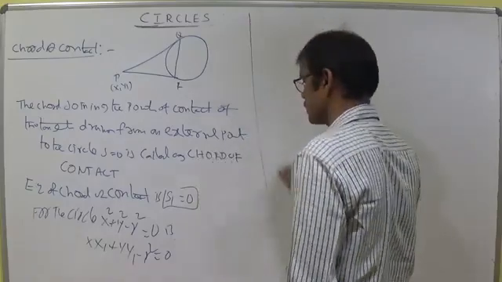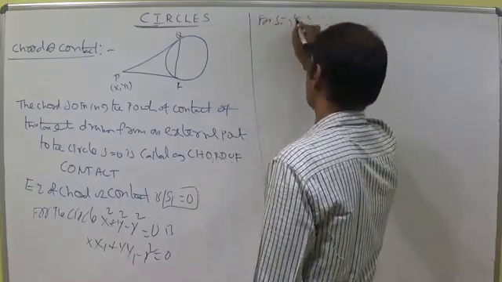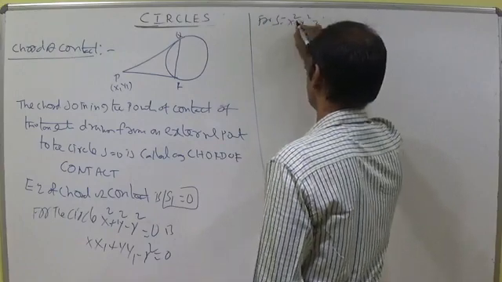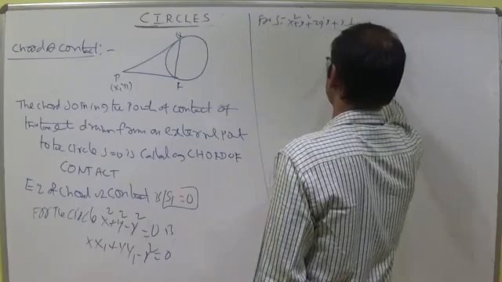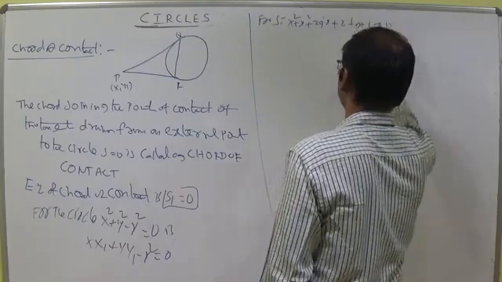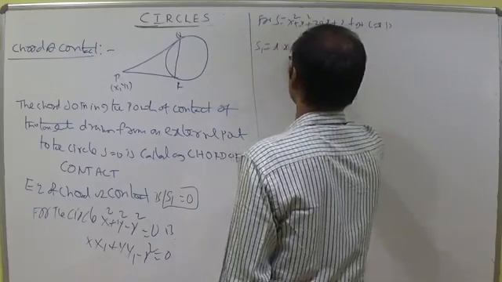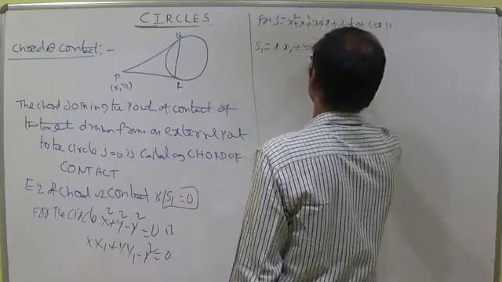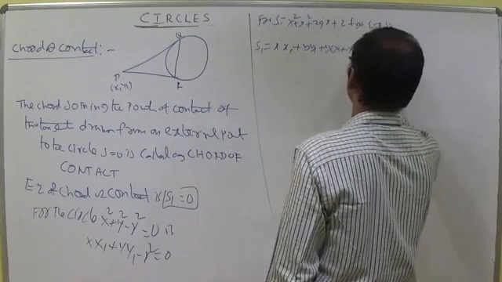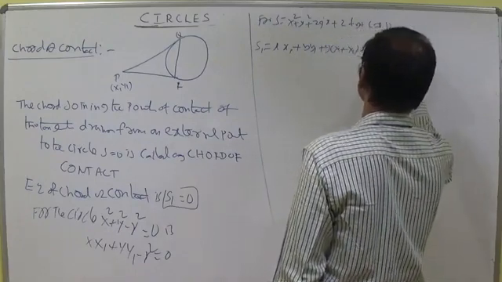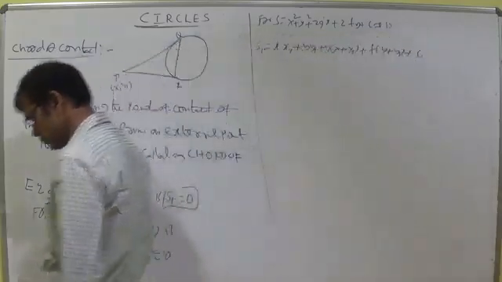And for the circle S equal to x square plus y square plus 2gx plus 2fy plus c equal to 0, the S1 notation is xx1 plus yy1 plus g into (x plus x1) plus f into (y plus y1) plus c equal to 0.